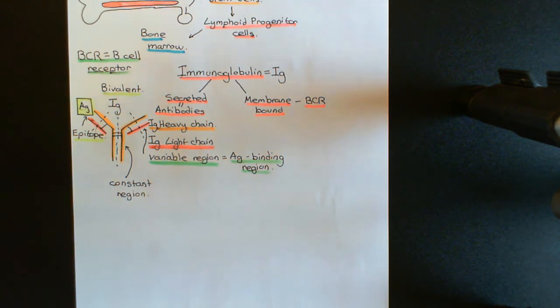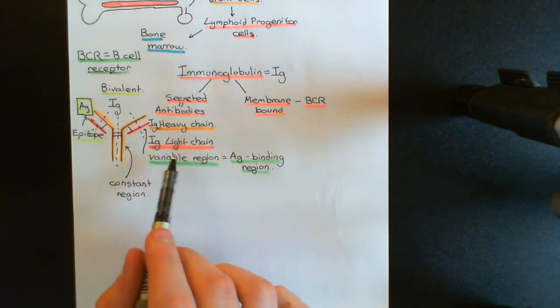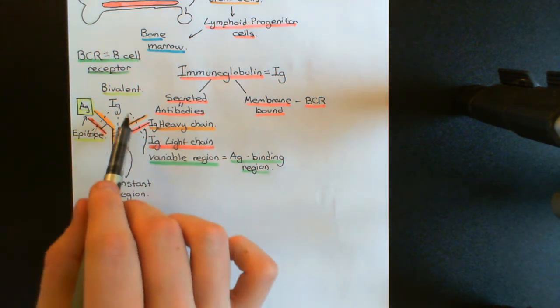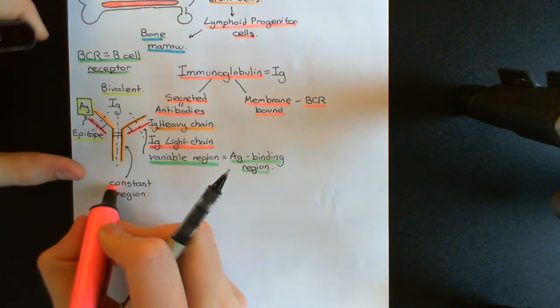Once the lymphoid progenitor cells have finished making their heavy chain and their light chain, this portion will be the same, although as we'll discuss, there is a complexity here because of the different classes of immunoglobulin molecules, and that makes discussing this so much more complicated. But for now, just think of that portion as the bit that isn't going to vary between the different finished B cells once we produce them.